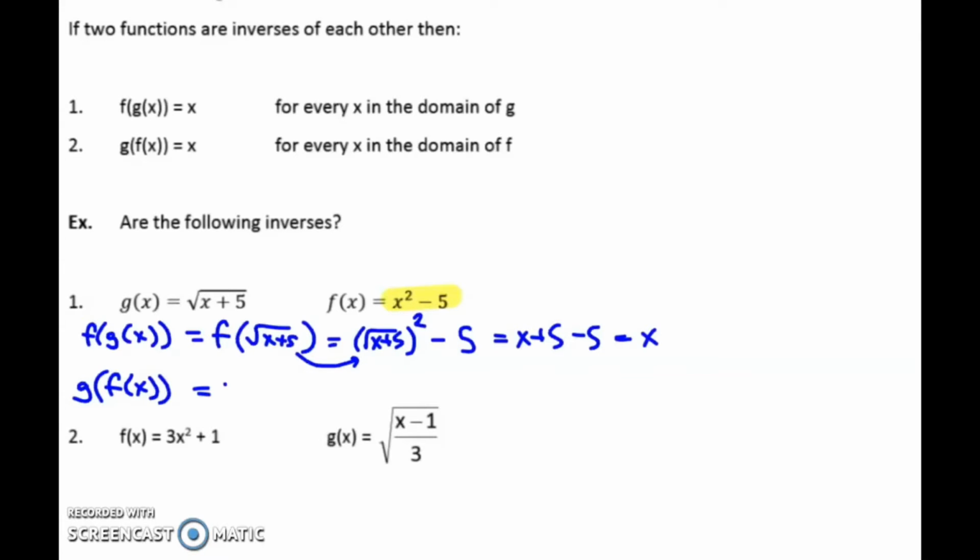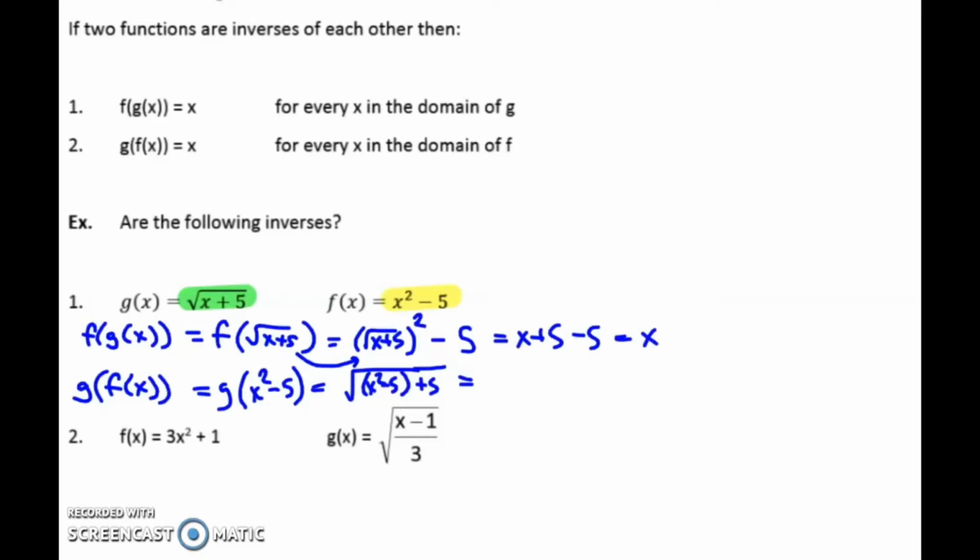So g of f of x is going to be g of f of x, which is x squared minus 5. So now what I want to do is take a look at my rule for g, which tells me to take the square root of my input and add 5. So square root of x squared minus 5 plus 5. Now notice all of this is under the radical.